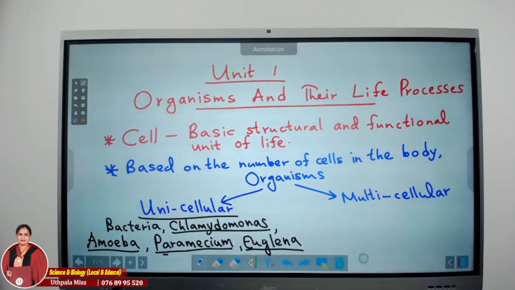Let's look at some examples. Some unicellular organisms live in extreme environments like hot springs and the stomach of a cow. Multicellular organisms have 2 or more cells. Some examples are frogs, dogs, and humans.